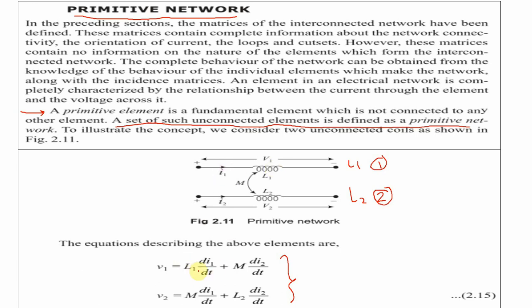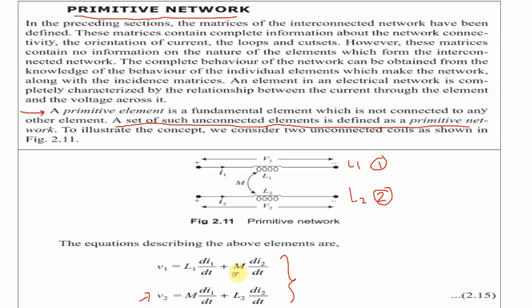So that's why L1 into di1 by dt plus, now this element is indirectly connected to element number 2 through the mutual principle. So that's why mutual inductance M into di2 by dt. Similarly for V2 we write M into di1 divided by dt plus L2 into di2 by dt.